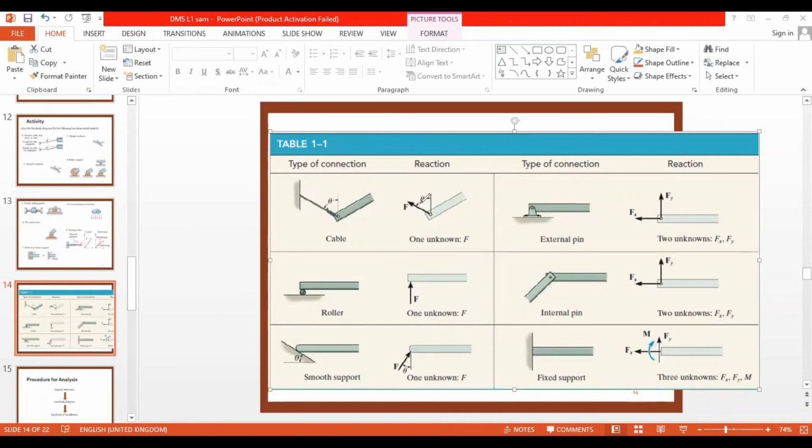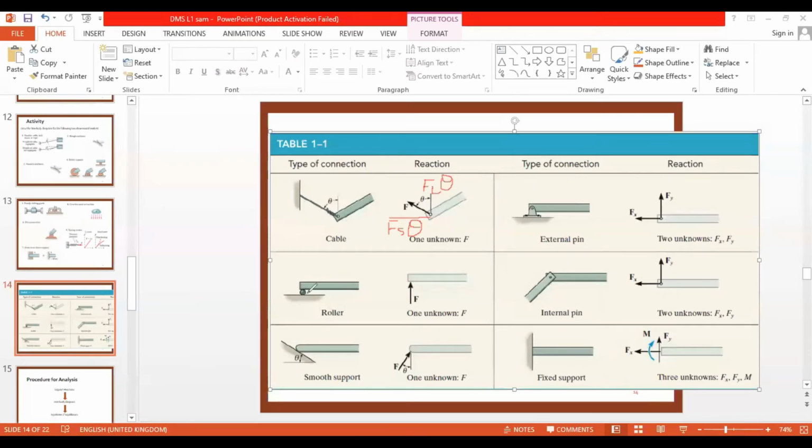So if you know the theta, then you can write it as F cos theta, and in this way F sin theta. When you try to solve the problem, it would be easy. So there is only one force. If nothing is said about mass, then we don't need to worry about the mass.